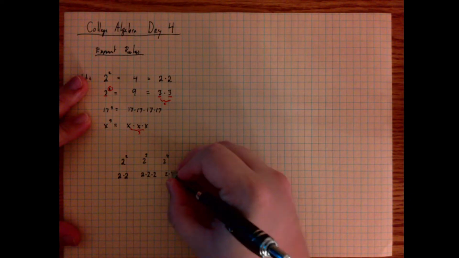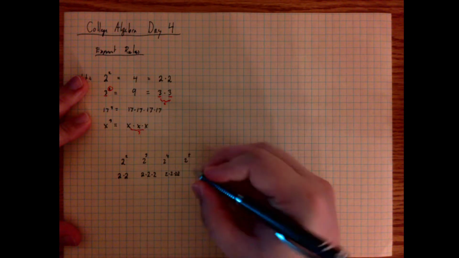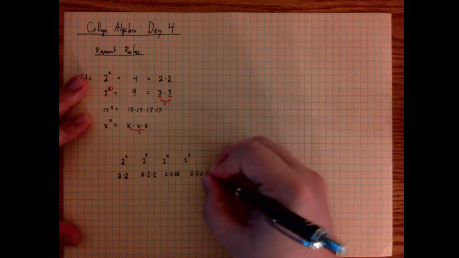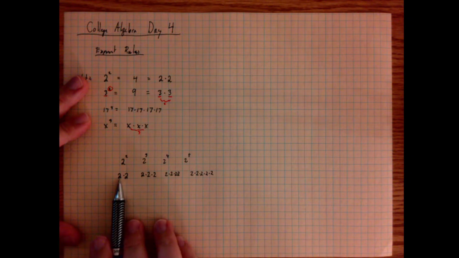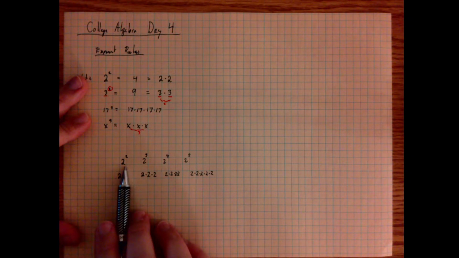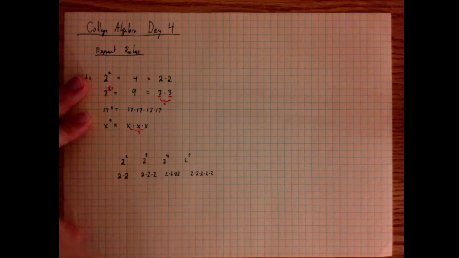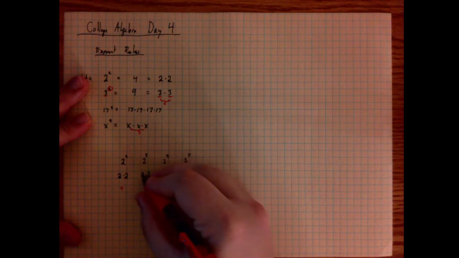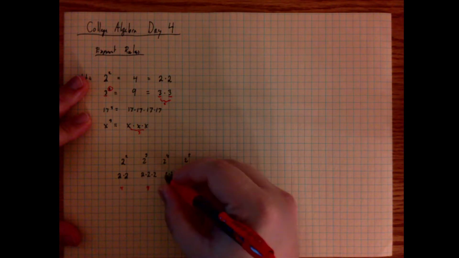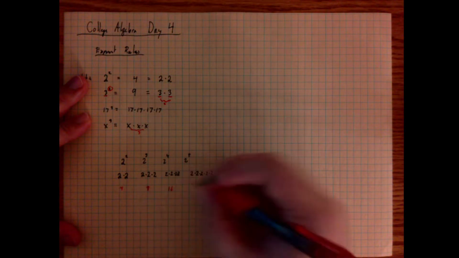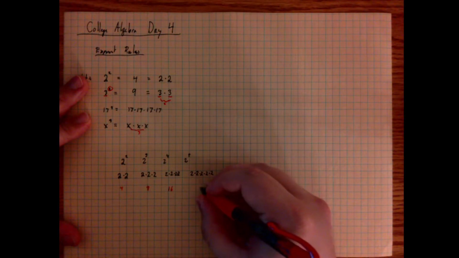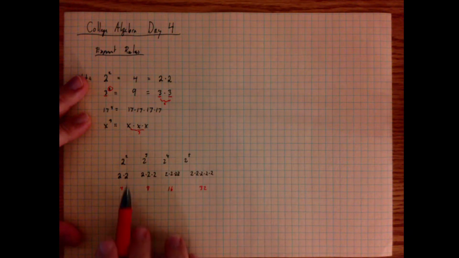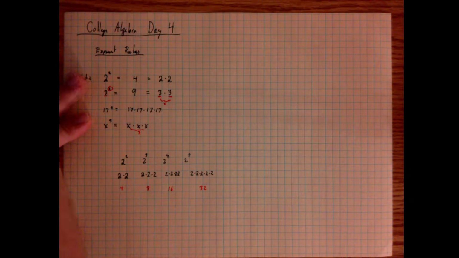And so at any point in time, you may convert back and forth between the expanded form of 2 times 2 and the more proper exponential form of 2 squared. And of course, you may take the appropriate step, if necessary, to simplify these. So 2 times 2 times 2 would be 8, 2 times 2 times 2 times 2 would be 16, 2 times 2 times 2 times 2 times 2 would be 32. At any point in time, you may take any of these steps to go back and forth between them.